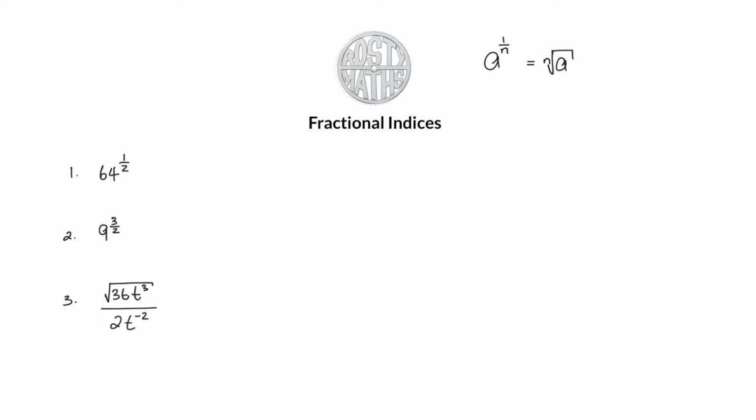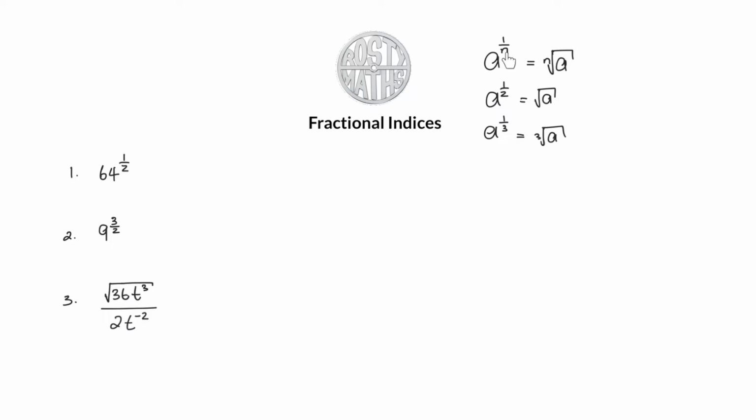So in other words, if I see a to the power of half, then that's the square root of a. Notice I did not put the 2. Why? It's in the name. It's a square root, so there's no need to put the 2. But if it's a to the power of a third, then it's the cube root of a, and so on. So that's what fractional indices do.